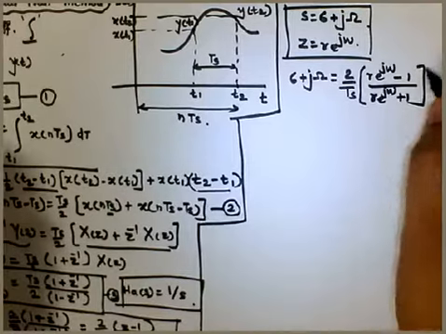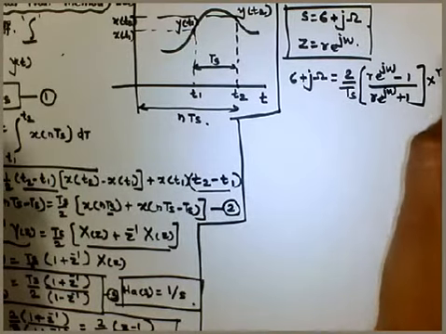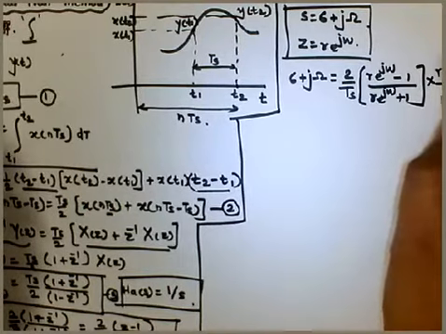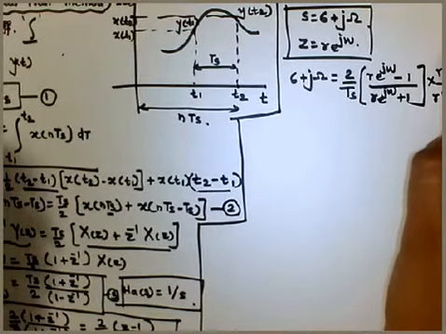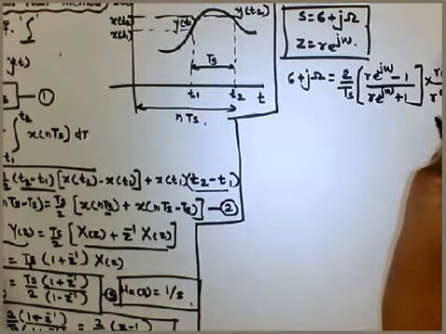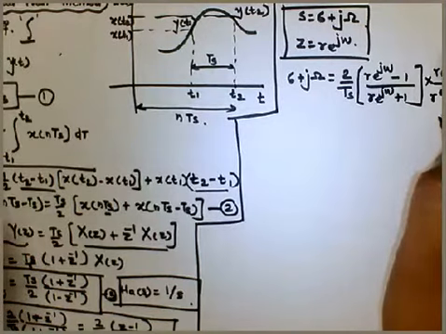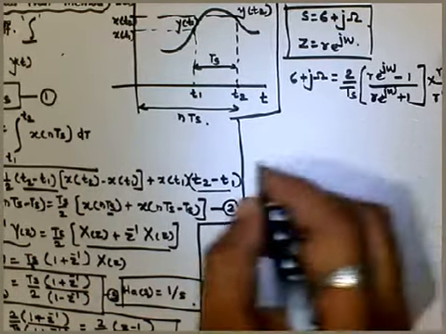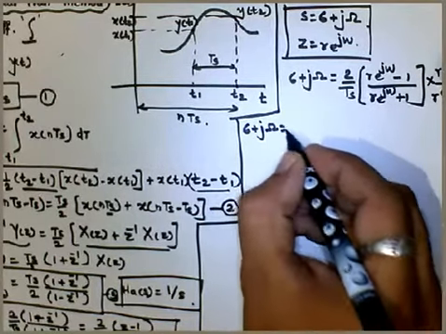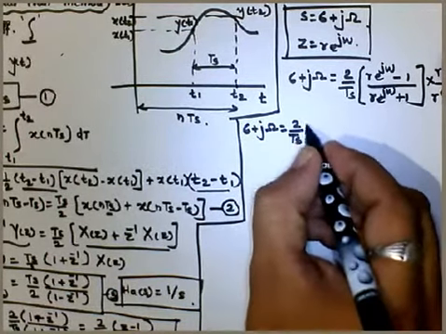Let's do the cross multiplication with the help of the denominator, R e raised to j omega plus 1. After substitution, sigma plus j omega on the left, and 2 by Ts as it is.